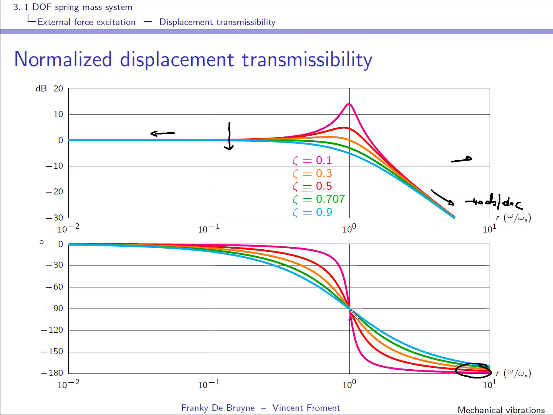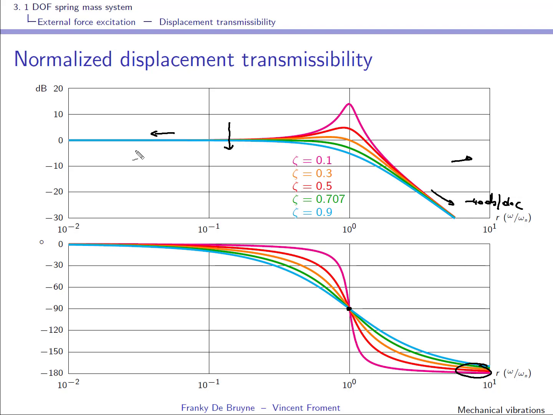And we've seen that at the natural frequency, which is R equal to 1, you have a phase shift of minus 90 degrees, and that the displacement transmissibility is dominated by zeta. So if zeta is small, you will see that you have here a huge response.